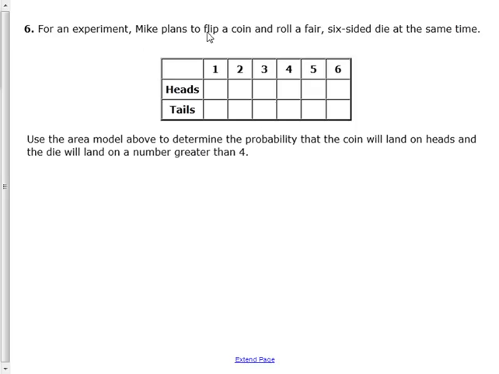Moving on, for an experiment, Mike plans to flip a coin and roll a fair 6-sided die at the same time. Again, the same thing here. I'm looking for H1, H2, H3, H4, H5, and H6. This would be tails 1, tails 2, tails 3, tails 4, tails 5, and tails 6. It says use the area model above to determine the probability that the coin will land on heads and the number is greater than 4.